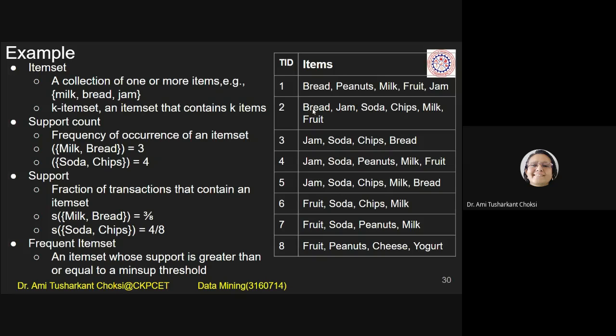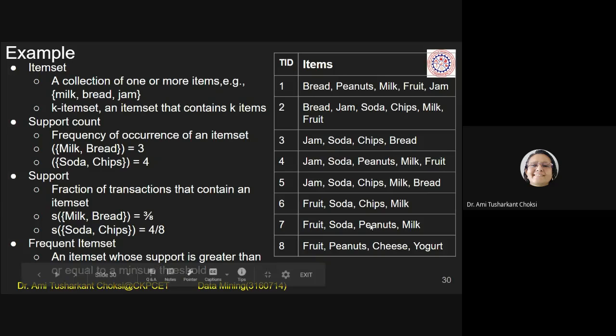So where is it? Bread, milk, yes, one is there. Second is there. Here bread is there, here milk is there, here again milk and bread both are there, together they are available.